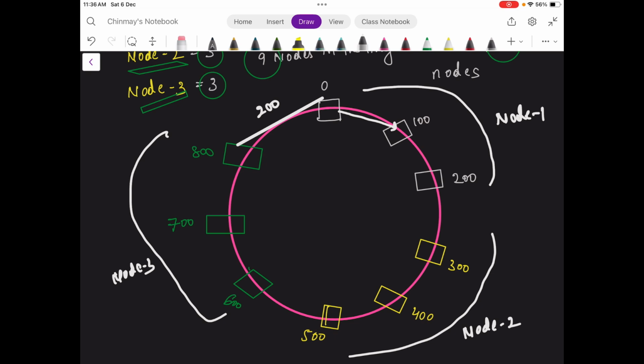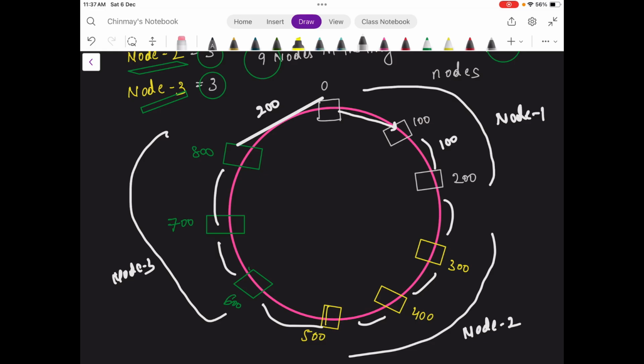In the remaining cases the difference will be 100. In this way Amazon DynamoDB solves the problem of equal distribution of nodes.